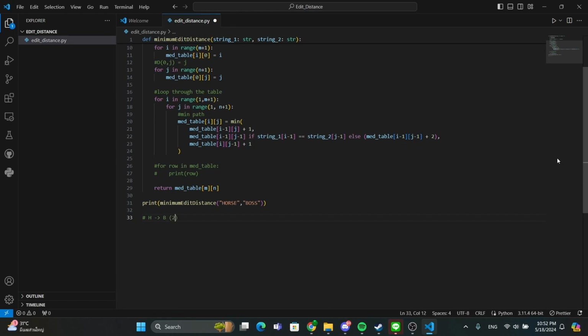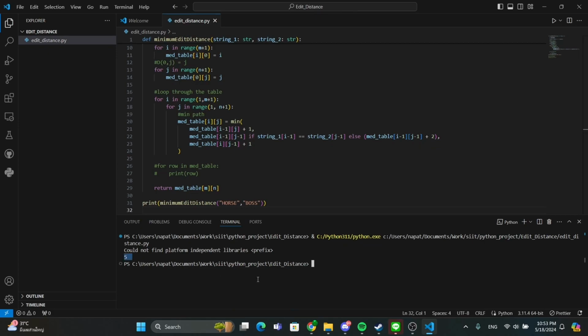So that is 2 for substitution, and next you transform r into o, that's 2 for substitution, and then you delete e, that's 1 for delete. So the total is 2 plus 2 plus 1, which is equal to 5. Let's verify if our answer is correct. It is indeed 5.